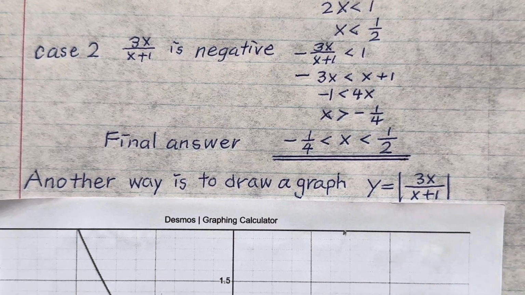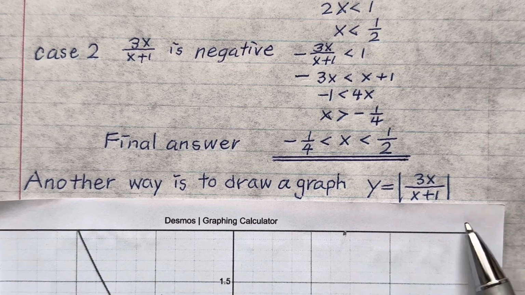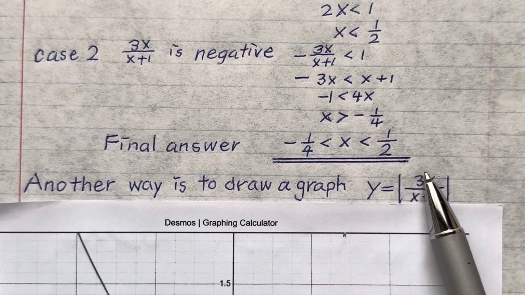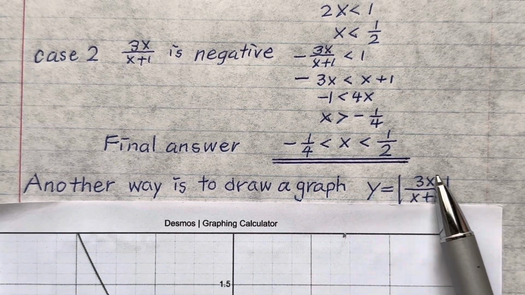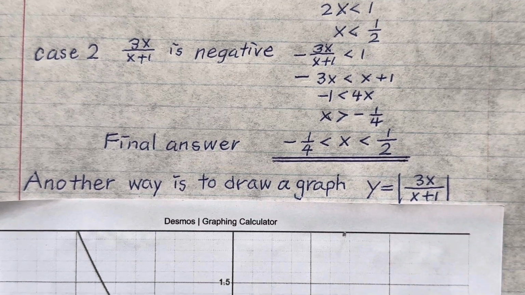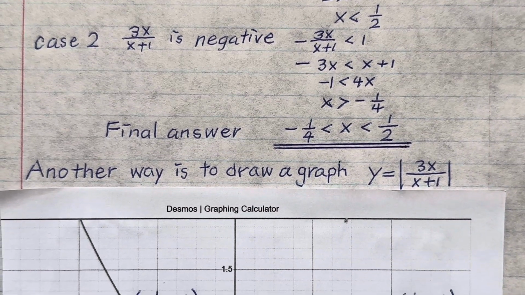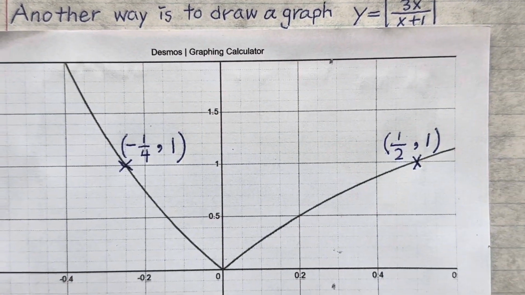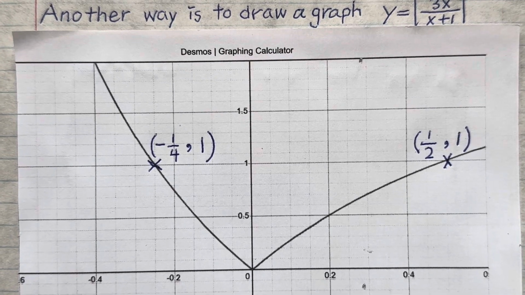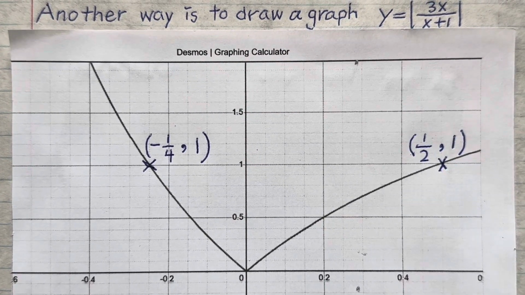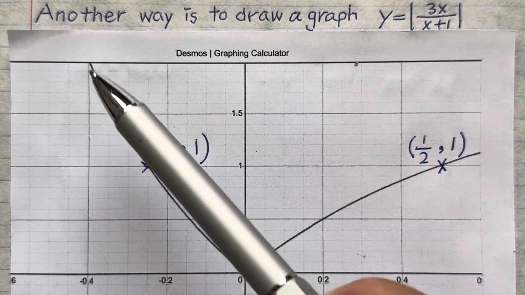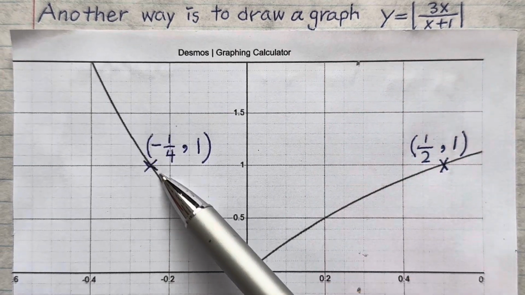So I graph this absolute value function. Graph this. And this, Desmos gives me this. This is my graph. The absolute value function here.